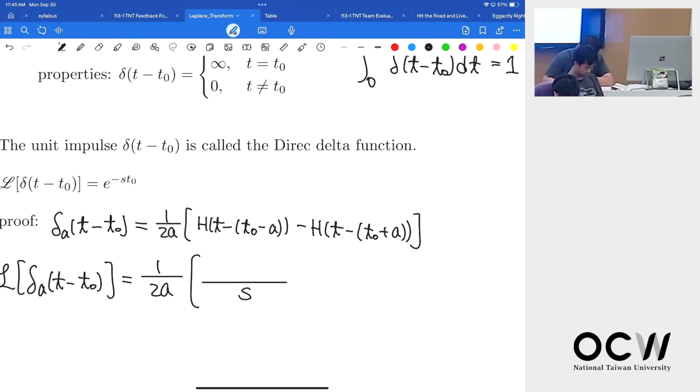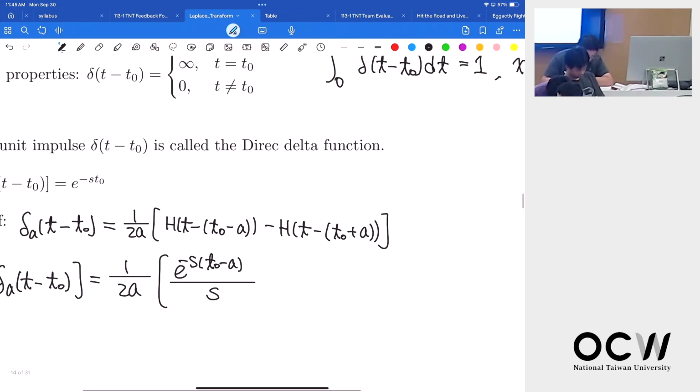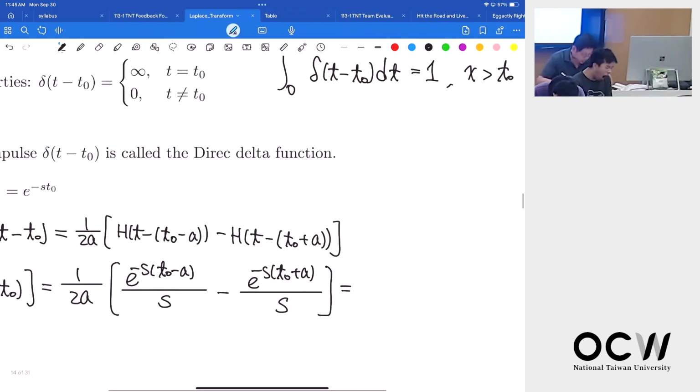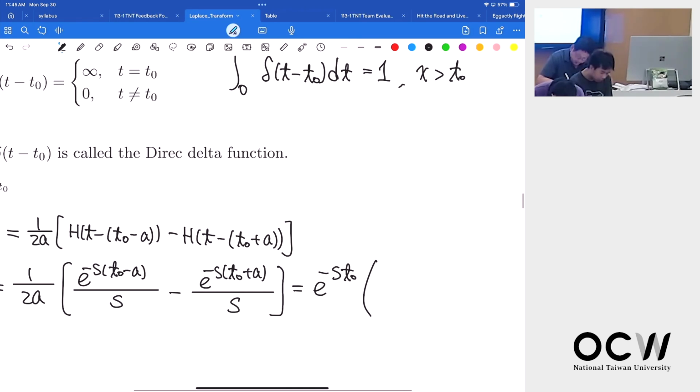Here we have e to the minus s (t naught minus a), minus e to the minus s (t naught plus a). So we get e to the minus s t naught over 2sa, times (e to the sa minus e to the minus sa).